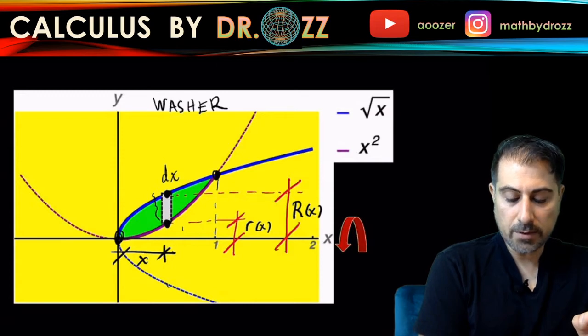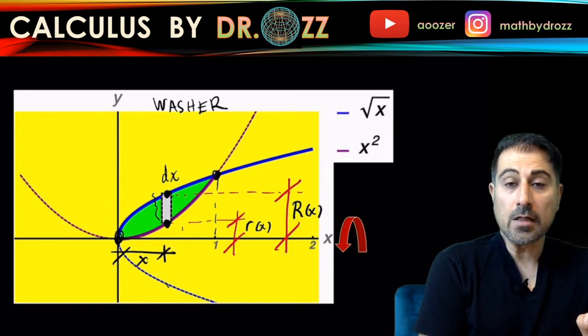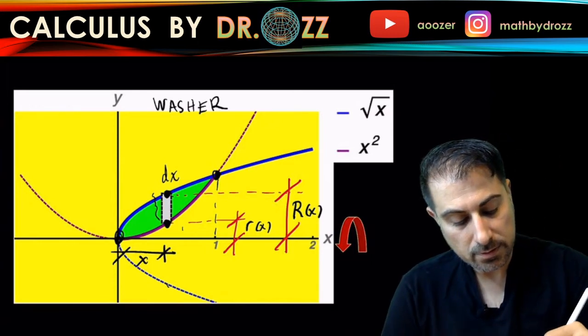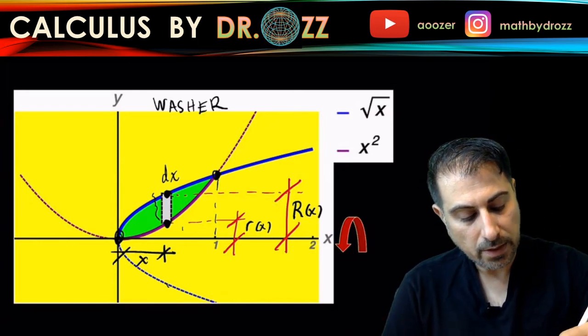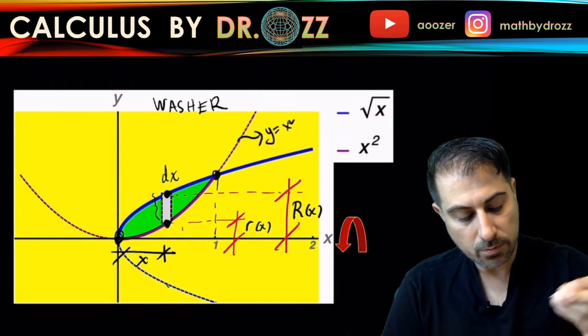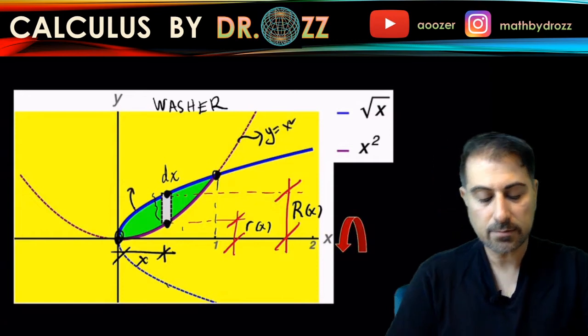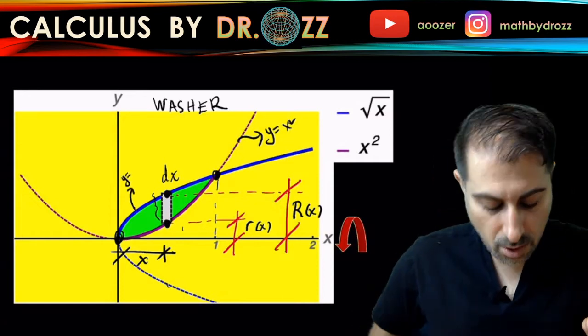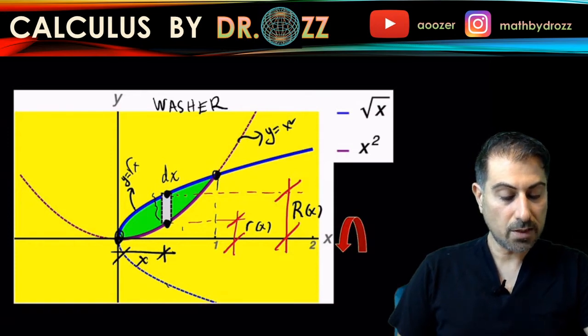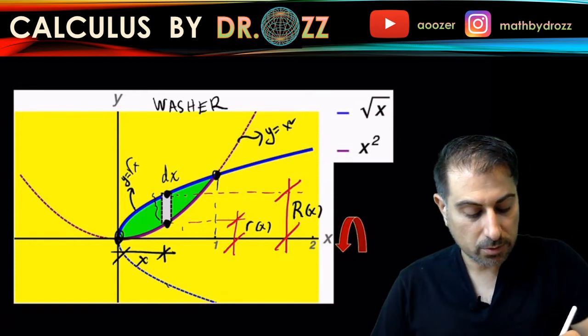So the bottom part of the slice is on the purple curve, which is x squared, right? So this is y equals x squared, and this blue is y equals radical x. So for that reason, little r of x is going to be exactly equal to x squared.